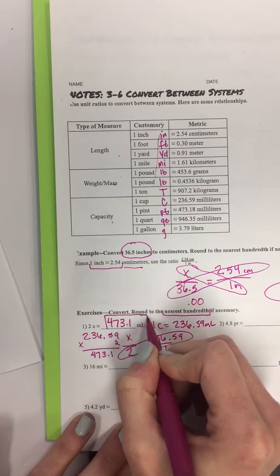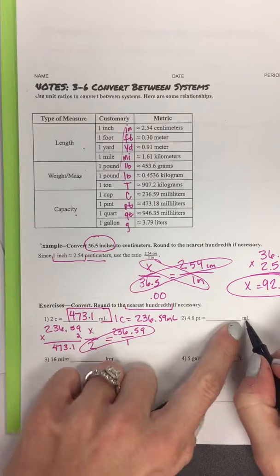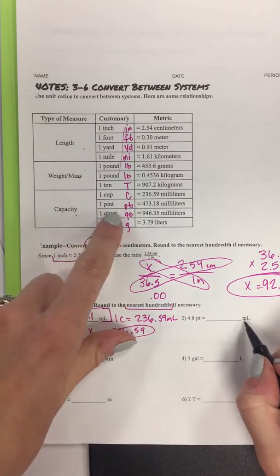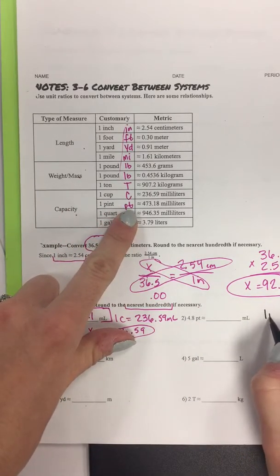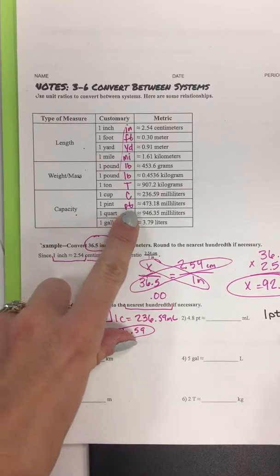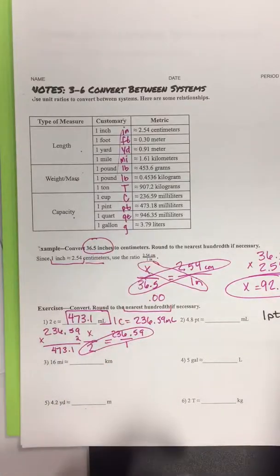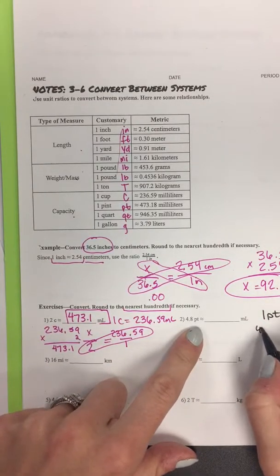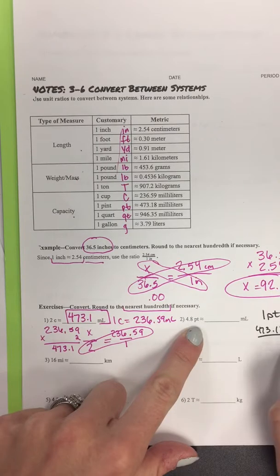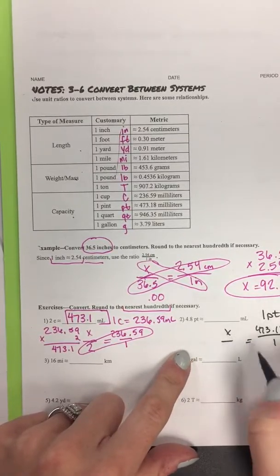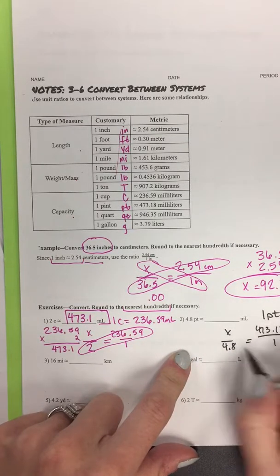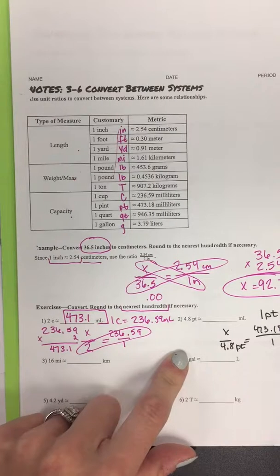Okay, number 2, 4.8 pints is roughly equal to how many milliliters? So let's find pints. We know 1 pint equals 473.18. Same thing. 473.18 milliliters over 1 pint. It's going to equal how many milliliters for 4.8 pints?